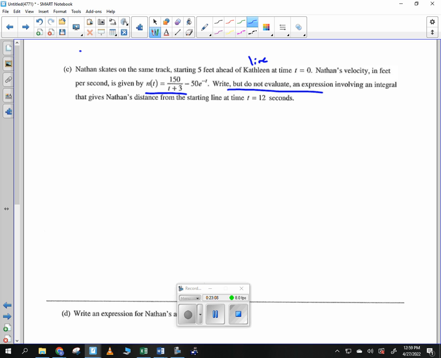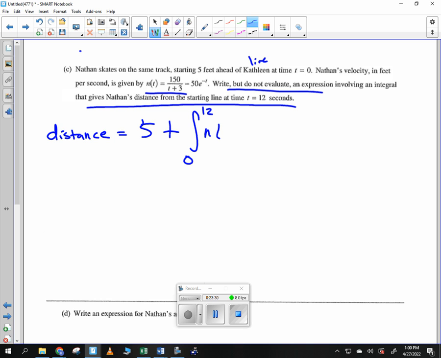But don't evaluate an expression involving an integral that gives Nathan's distance from the starting line at time t equal to 12. And I'm worried about the different thoughts we're going to get on this, and so I'm open to your ideas. But distance is going to be equal to his start plus the displacement, which is going to be the integral from 0 to 12 of n of t dt.